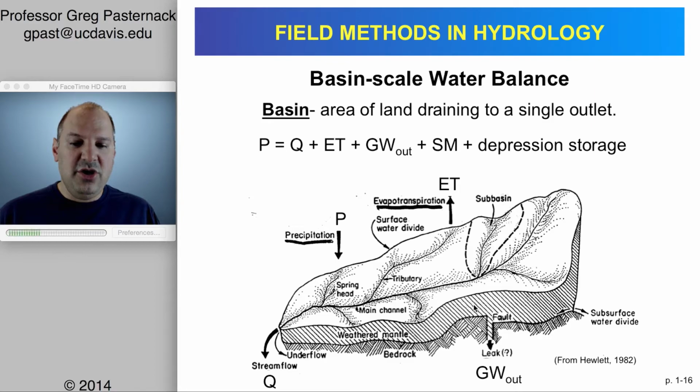So imagine you could have a weathered mantle of soil that's like 1 to 2 meters deep. This could be a hill slope, or a relatively small watershed, say 1 to 5 square kilometer area, something like that. So when we do a water balance for this, we have precipitation falling onto the surface.